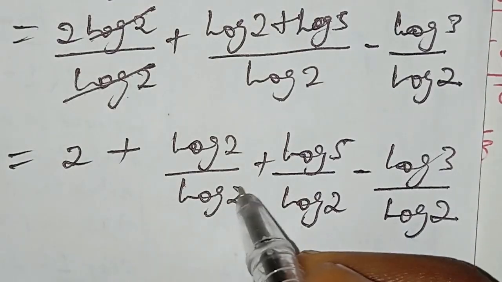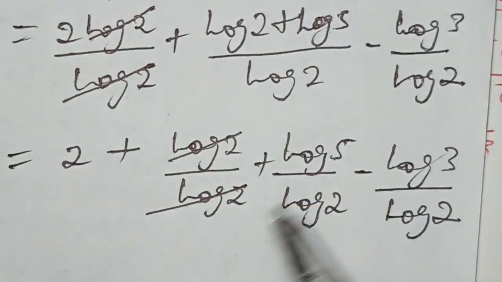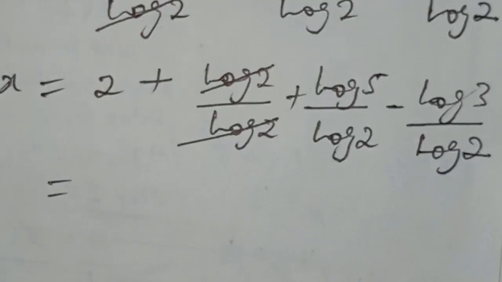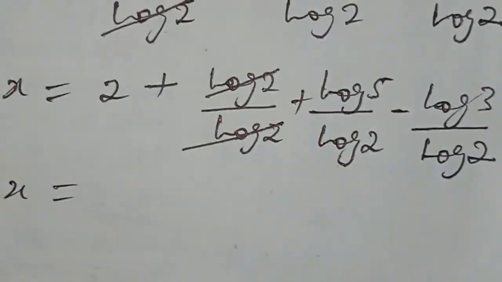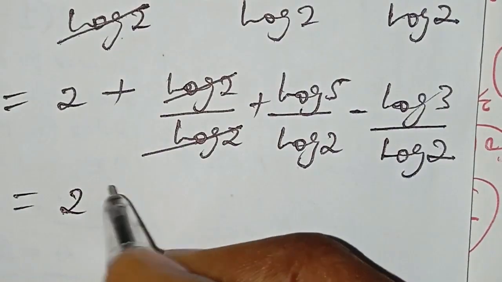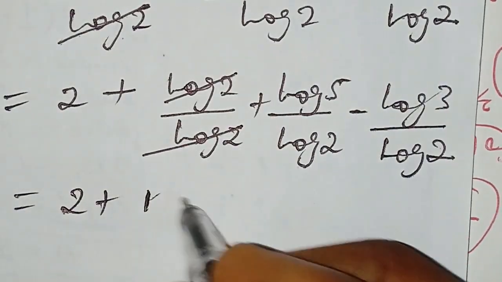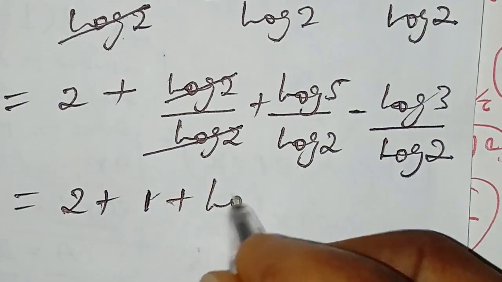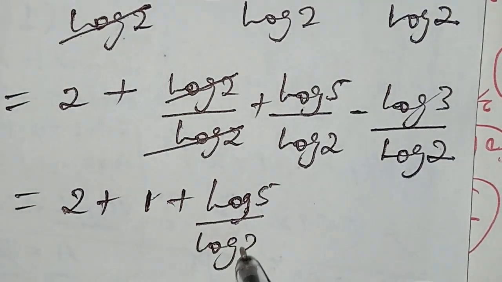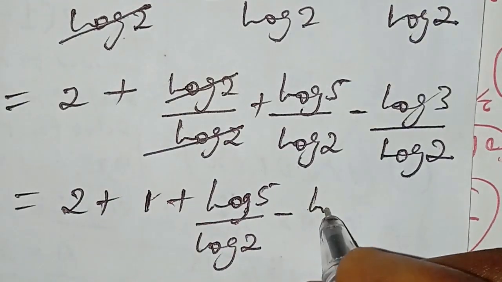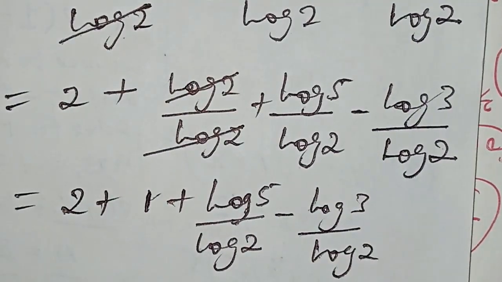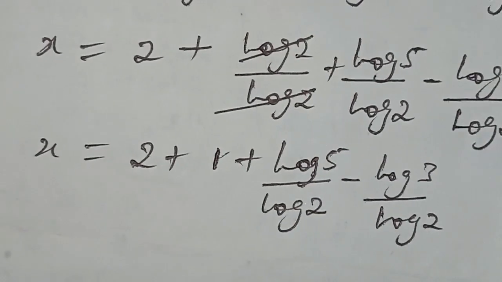As you can see over here again, this cancels out this, and that becomes 1. So the next step becomes x will be equal to 2 plus 1 plus log of 5 over log of 2 minus log of 3 over log of 2.